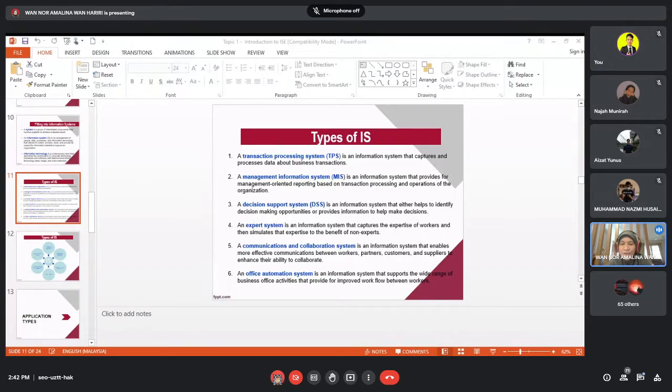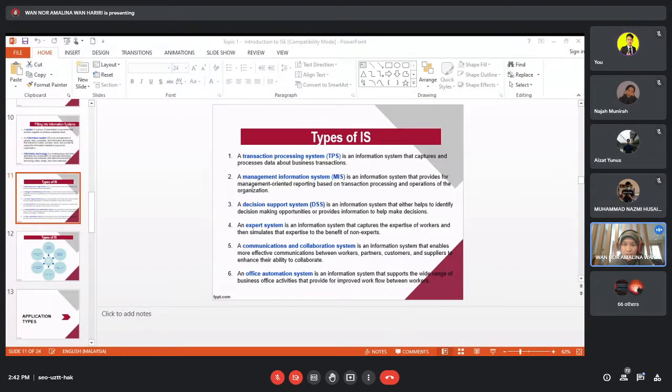Okay. So the system will be capturing the courses that you are registering, calculate the total credit hours that you are taking, and probably to generate your attendance for the lecturers who will be teaching the classes. Okay, itu adalah transaction processing because they capture data, process data.